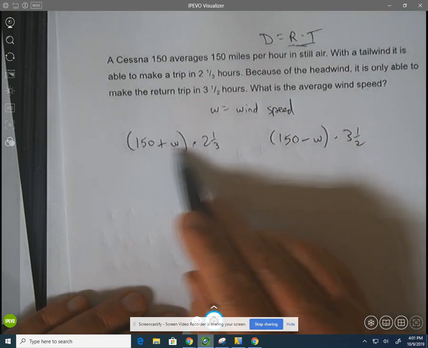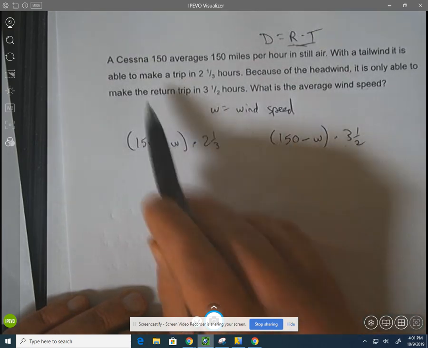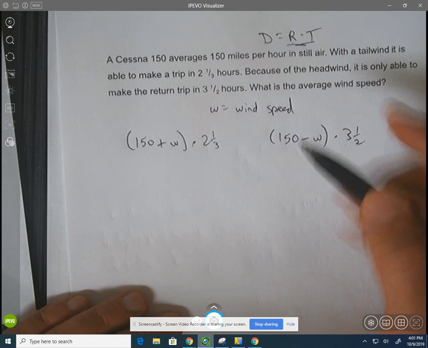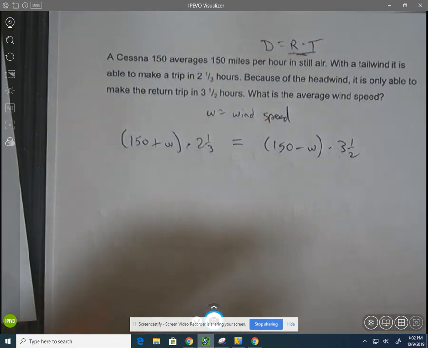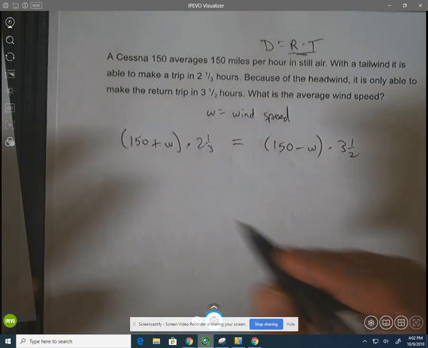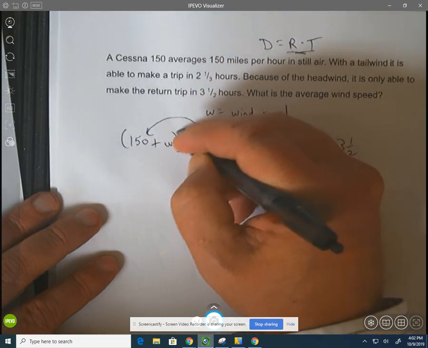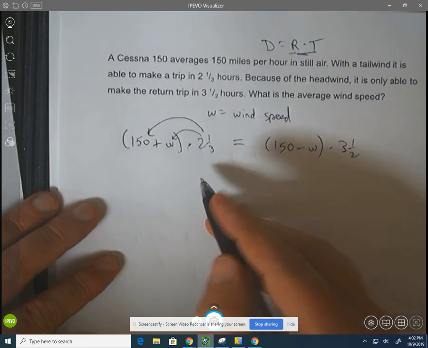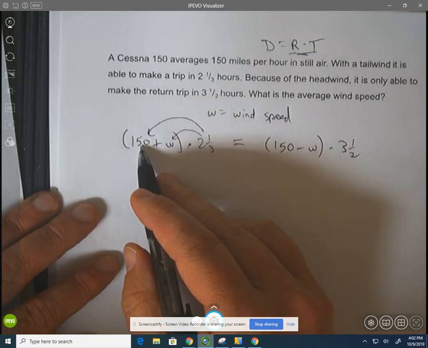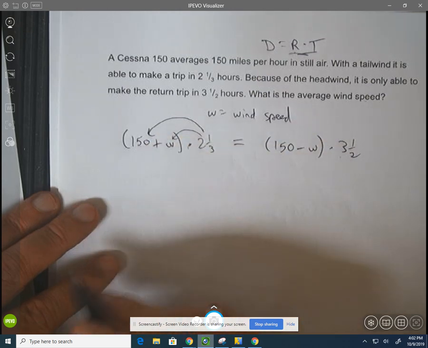So this is distance, rate times time. This is distance, rate times time. And since it's the same trip, those two distances have to be the same. And now I've got an equation that I should be able to solve. So I do the distributive property here. 2 1/3 times 150. 2 times 150 is 300, and 1/3 of that is another 50.